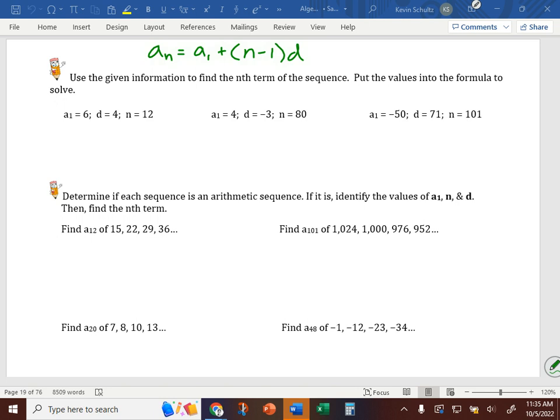And you're just using the formula to find whatever term of the sequence that we want. So what this says is that starting at 6 and with a pattern of adding 4, find the 12th term in the sequence. Okay?